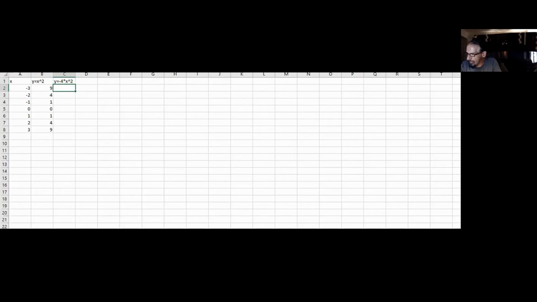Multiply each of these by negative 4. We're going to plot a few of these, see how much is required by the parabola graphing tool on Pearson's MyLab Math.